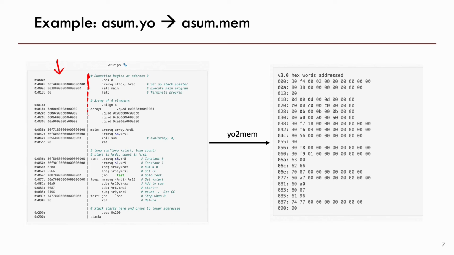So here we have the machine code of one instruction at address 0, the next machine code at address A, and the next instruction at address 13, and so forth. And on the right-hand side of the pipe symbols are comments, but this content is identical to the ys file assembly code.